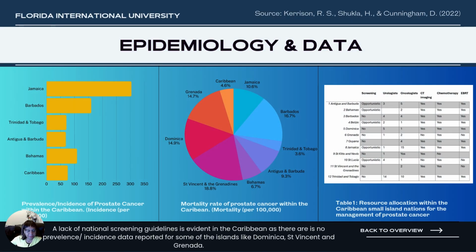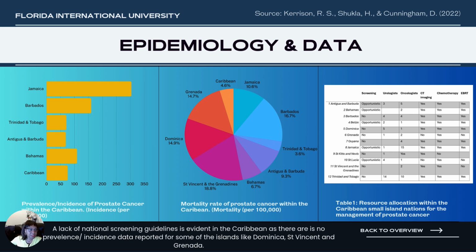So, the epidemiology and the data. In this chart here, I'm showing some of the islands, which are Jamaica, Barbados, Trinidad, Antigua and Barbuda, the Bahamas, and the Caribbean as a whole, right? This chart shows the prostate cancer incidence across the Caribbean nations, such as the islands I mentioned.